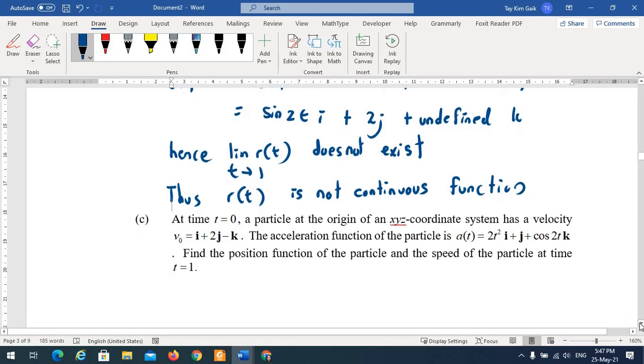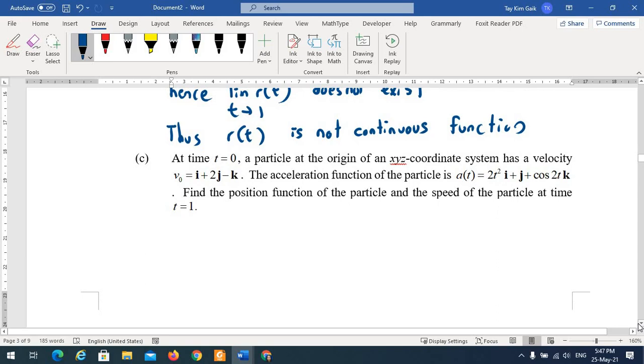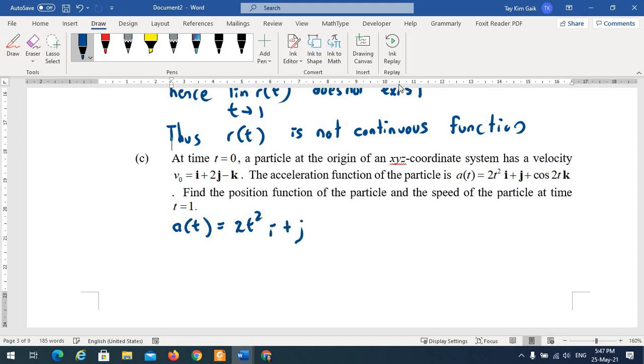Okay, again similar to the previous question. This one directly gives you the acceleration vector a(t) is 2t squared i plus j plus cos 2t k.